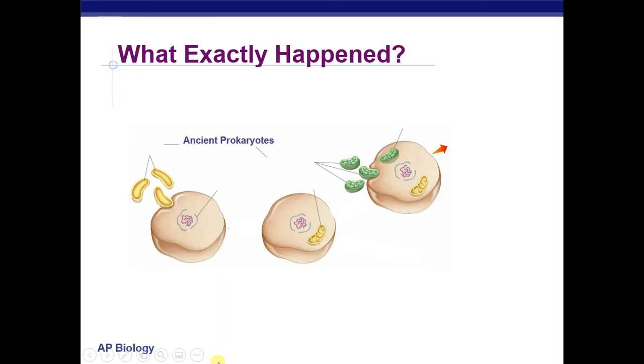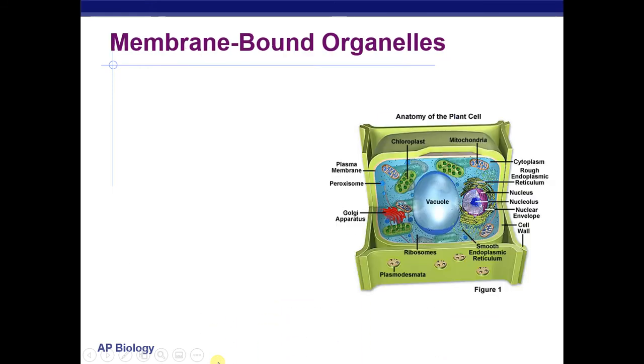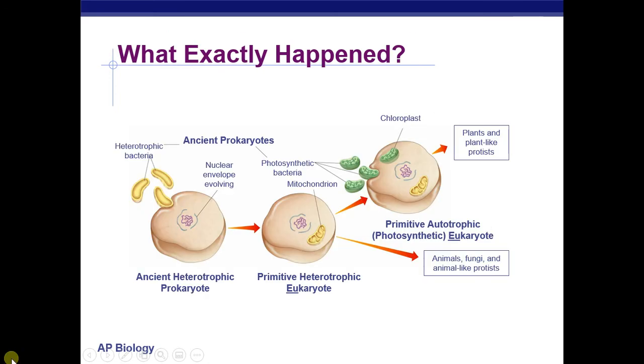So if we were going to look at what actually happened, we might look at this picture. A long time ago, there were just prokaryotic cells, and some prokaryotic cells were able to develop special functions through evolution.